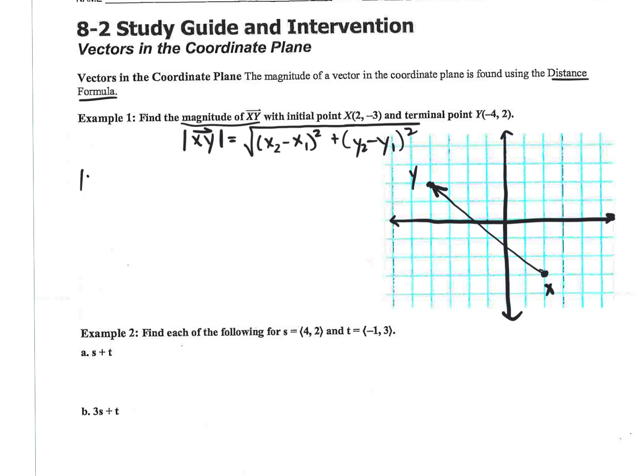So if we want to find the absolute value of xy, we need to take x sub 2. See, this is x sub 2, this is x sub 1, right? So we're going to take negative 4 and subtract 2 from it, square it. And then we're going to take y sub 2 and y sub 1. So we're going to take 2 minus negative 3 and square it.